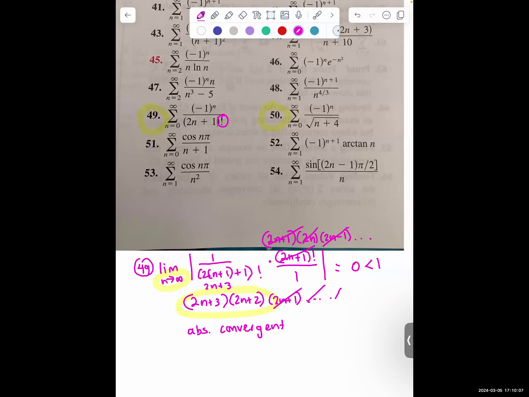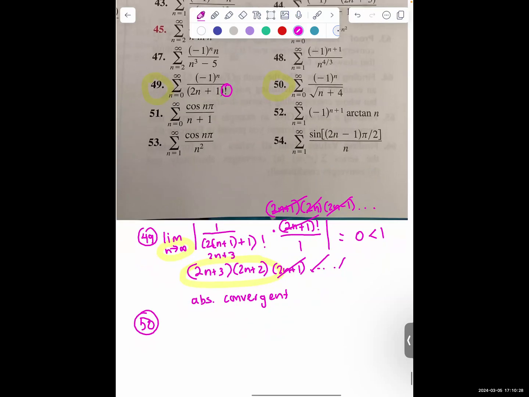On the AP test, one thing I also wanted to emphasize is that if they ask whether or not something is convergent, it doesn't matter if you show it's conditional or absolute; either one results in convergence. So for 50, that is also one particular series, not solving for an interval, and please note there are no x's in it to begin with.